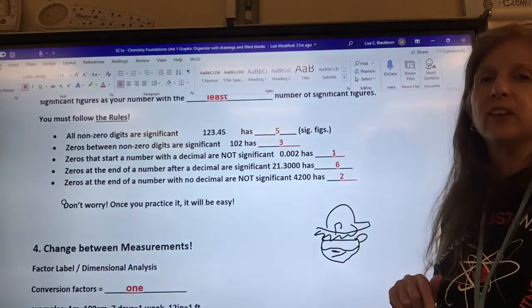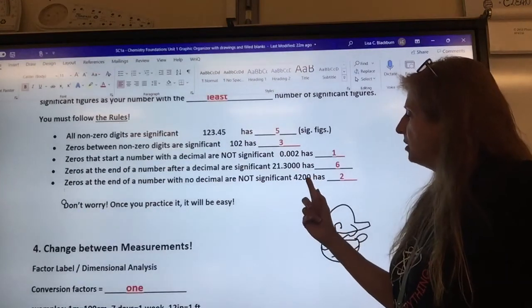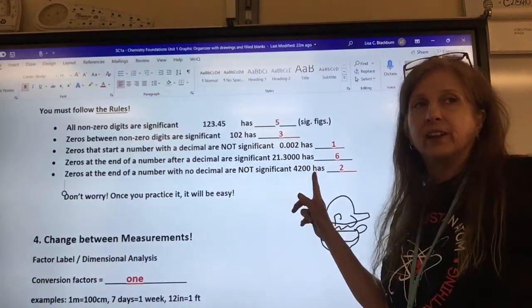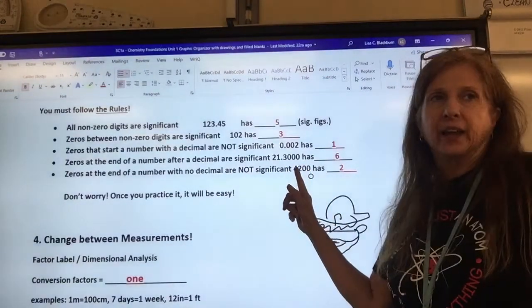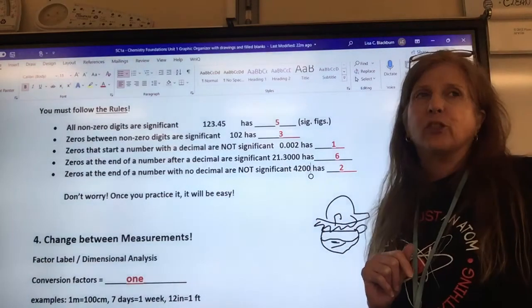Now there is one thing you'll see even on some worksheets. Sometimes they want to show that 0 was counted and the last one wasn't. So sometimes they will draw a bar over the 0 that counts. So if there is a bar over that 0, it would be 3.